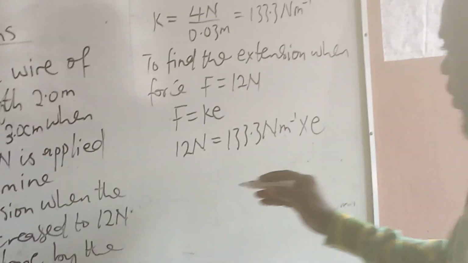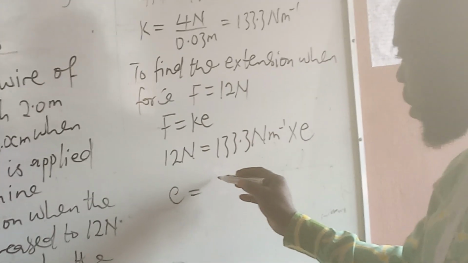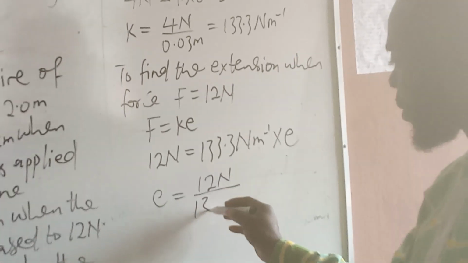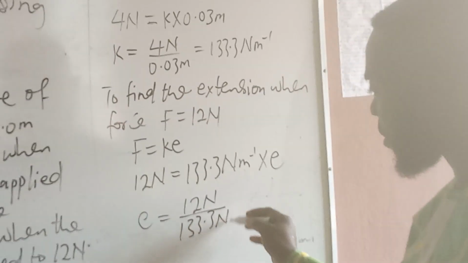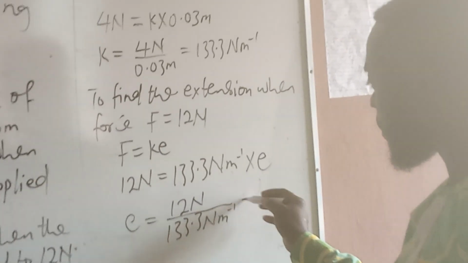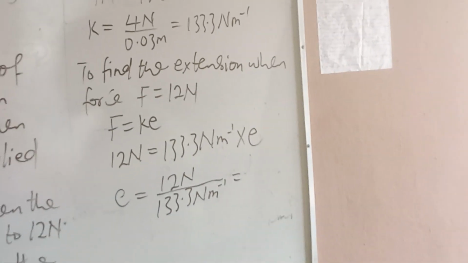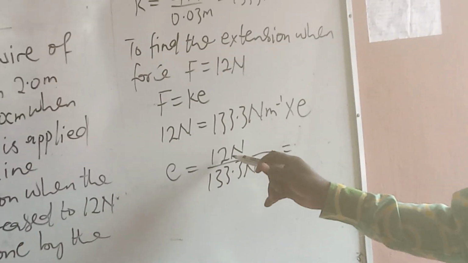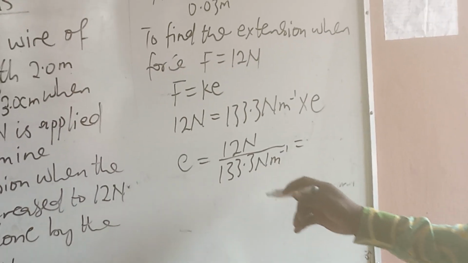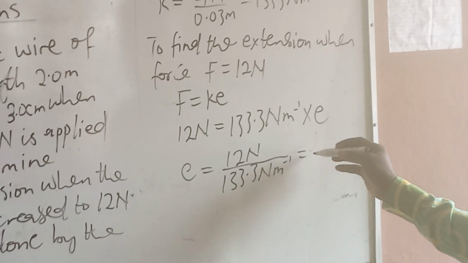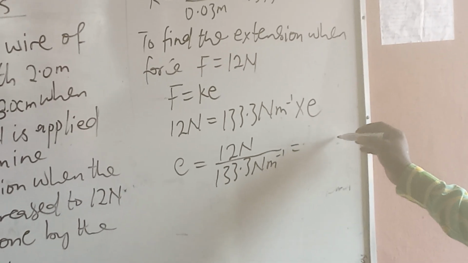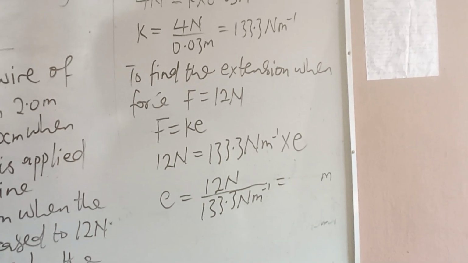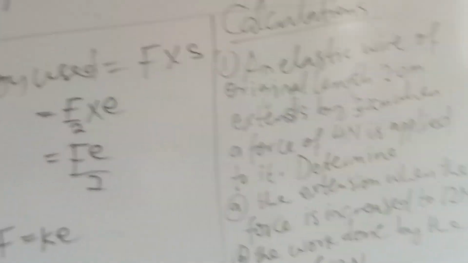Making it the subject of the relation, e equals 12 Newton divided by 133.3 Newton per meter. Divide 12 by 133.3. Your result should be in meter. That is it.